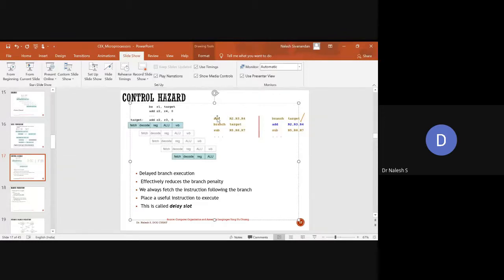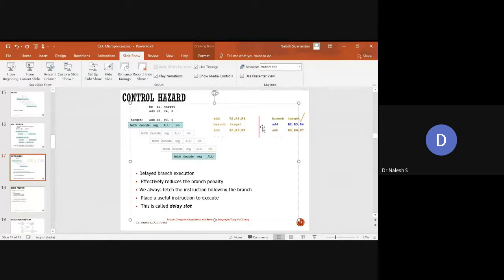Add here adds R3 and R4 and writes to R2. Suppose the branch is not dependent on R2, it means you can complete branch first and then do add. It doesn't matter because branch is not dependent on the output of add. If that is the case, you can first do branch and then add.